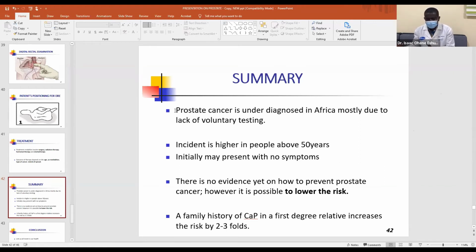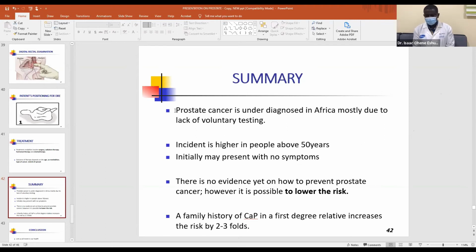Then when you come to ages above 60, that is 6 in 10. So it's something we have to take note of. The initial symptoms will be no symptom. There's this paradox where for some conditions, the initial symptom is actually no symptom.